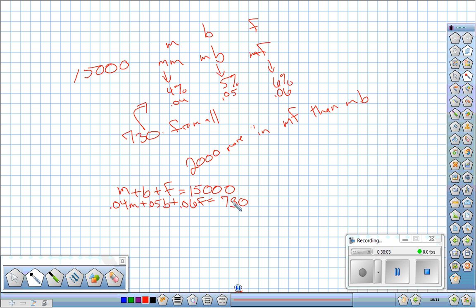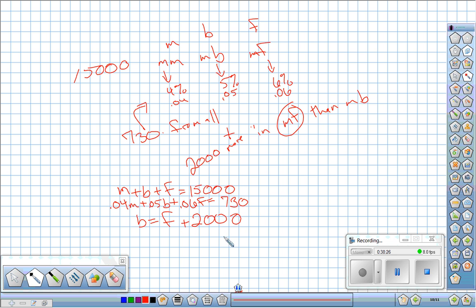And then I also have an equation, so I earned 2,000 more. So more means addition. I earned 2,000 more in mutual funds than in bonds. Okay, so my bonds is equal to the amount that I had in my mutual funds plus 2,000.